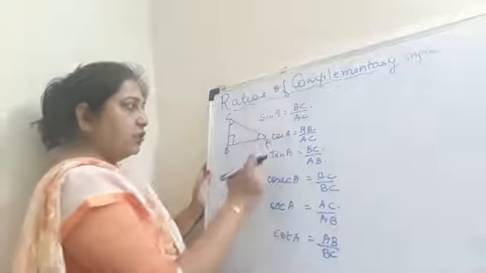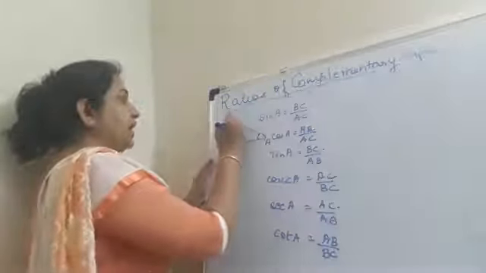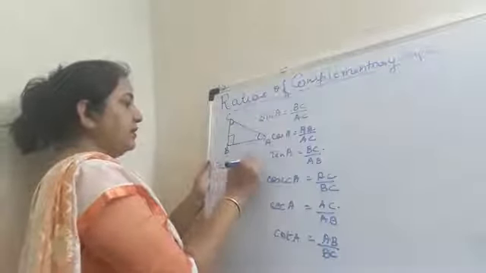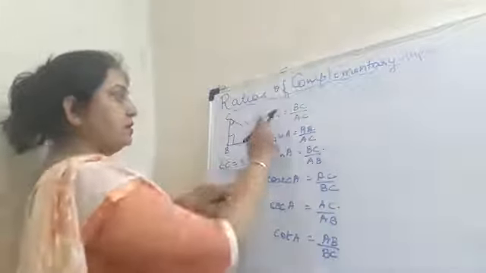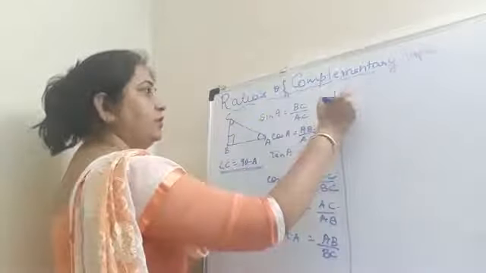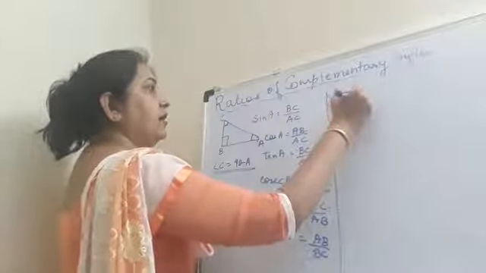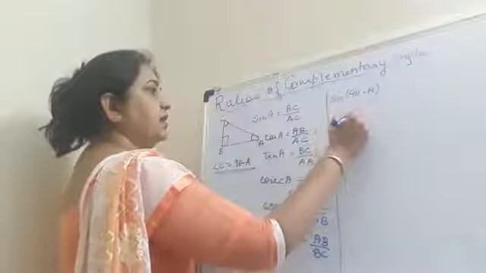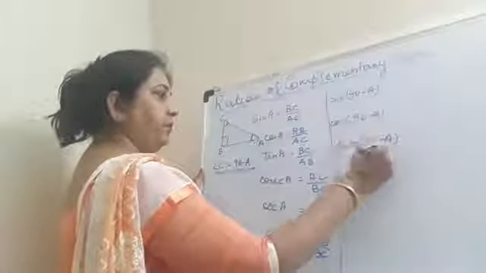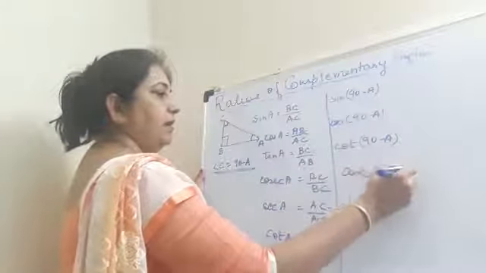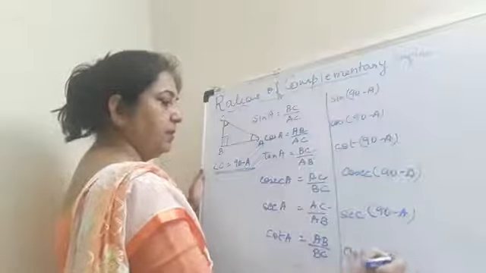So these are the six ratios of what? Angle A. Now we will find the six ratios of angle C. And as I told you, angle C will be written as 90 minus A. So now the next ratios: sine of 90 minus A, cos 90 minus A, then tan 90 minus A, cosec 90 minus A, sec 90 minus A, and cot 90 minus A, right?